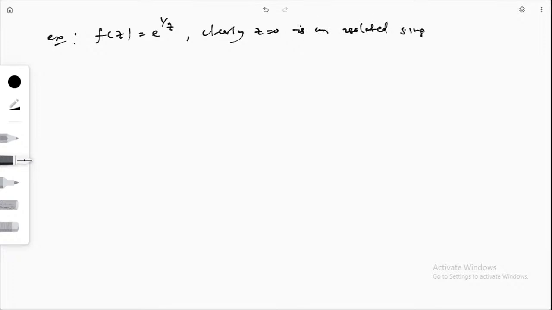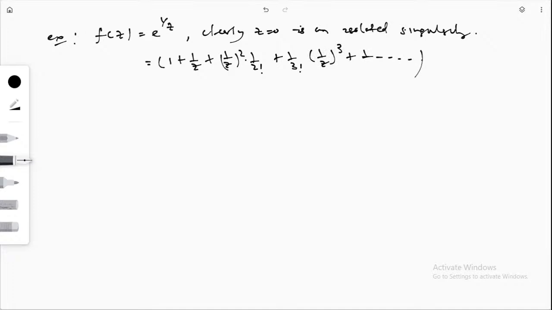If we classify it, what is the expansion? This is 1 plus 1 by z plus 1 by z square by 2 factorial plus 1 by z cube by 3 factorial, like this.